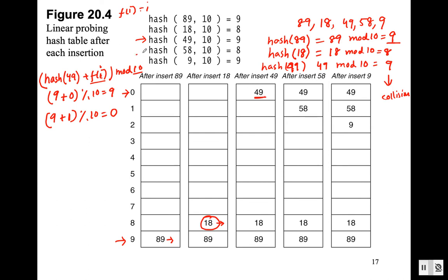Let's now try with 58. Hash of 58 is 8, which is another collision, so we are going to try linear probing: hash of 58 plus f of i, mod 10. With i equals 0, that is 8, a collision.